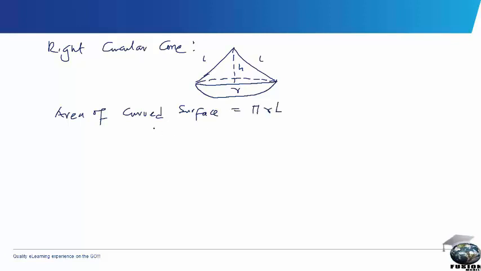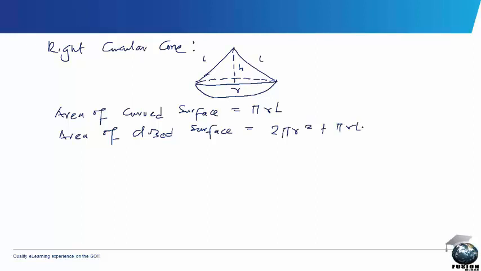Okay, and the area of the closed surface of a circular cone to be equal to 2 pi R squared plus pi RL.